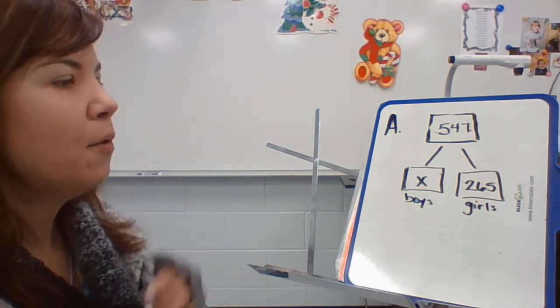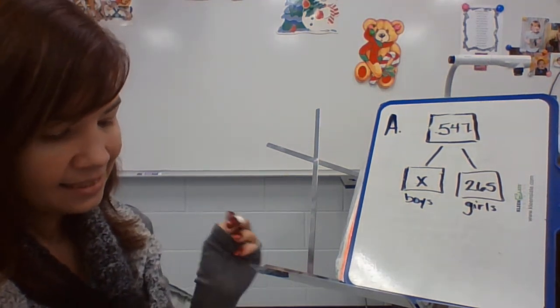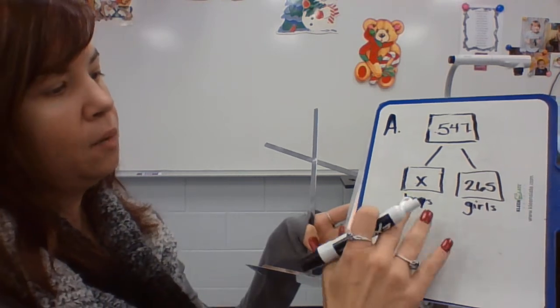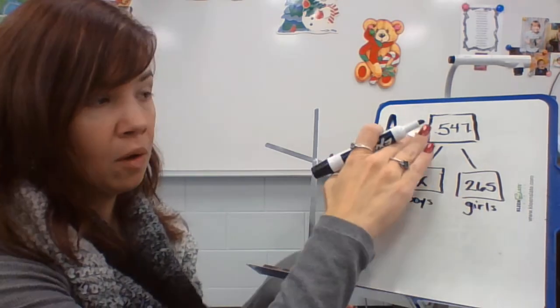All right. And they want to know how many are boys. So when it asks for a missing addend sentence, we know that to add, we add up the two parts and they equal the whole.